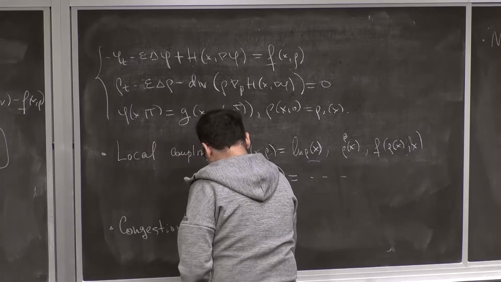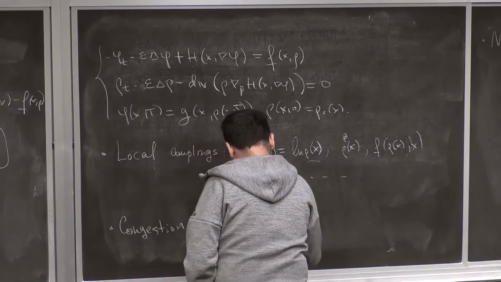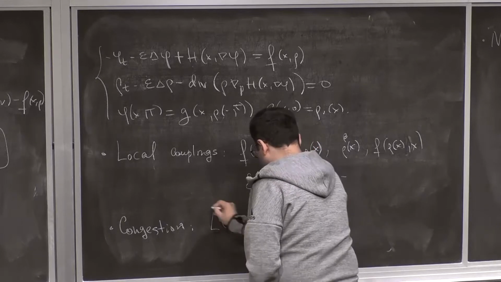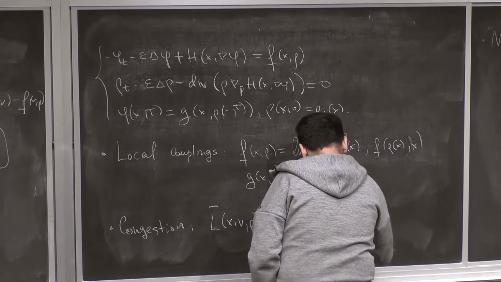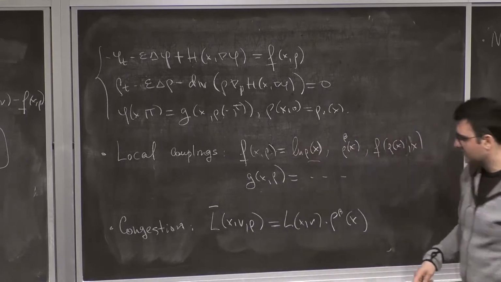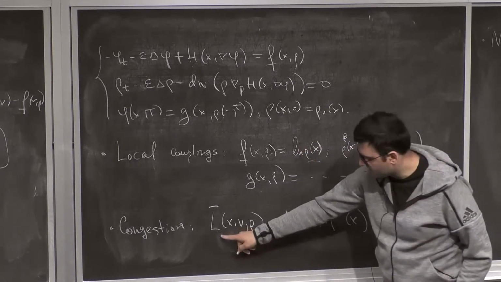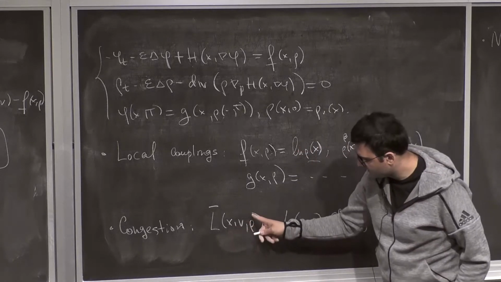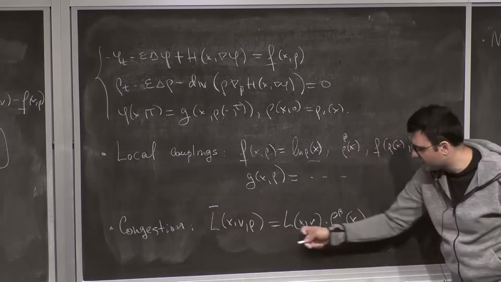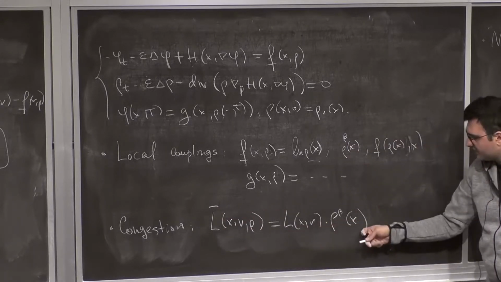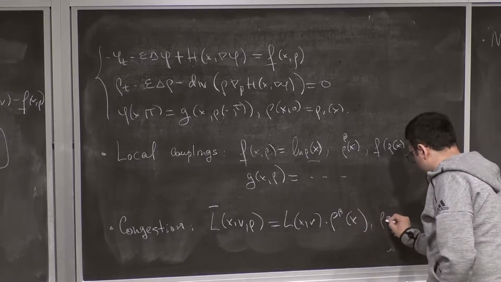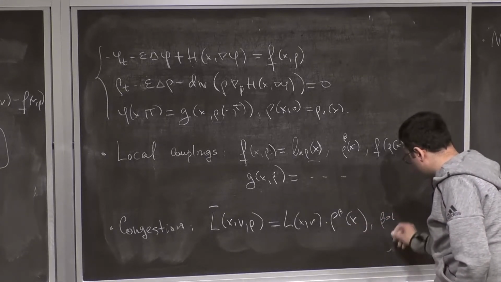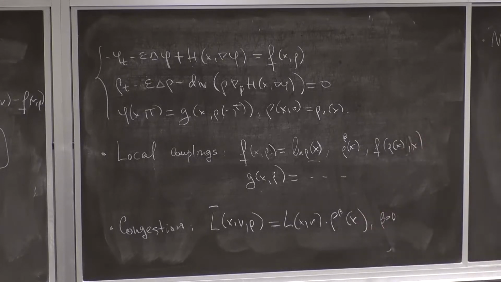So we assume that L hat is some Lagrangian, some cost, multiplied by the density at point x to some positive power.